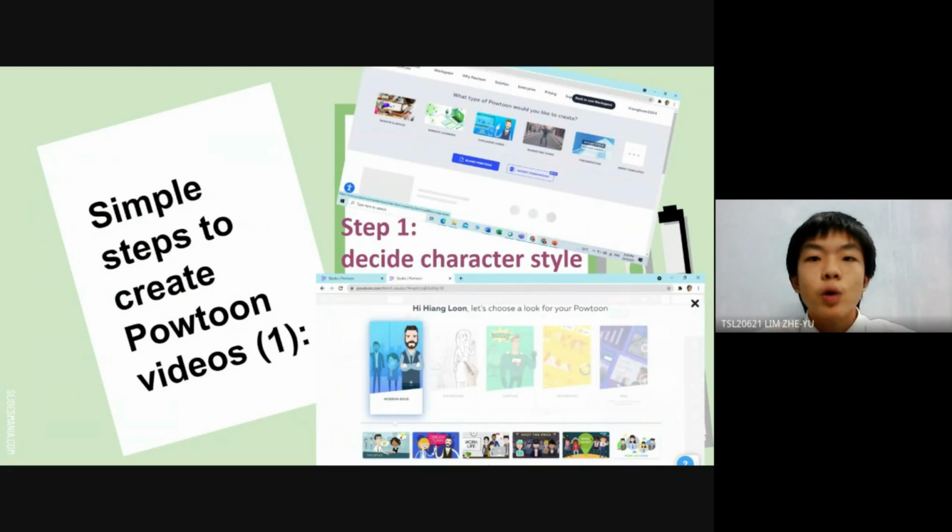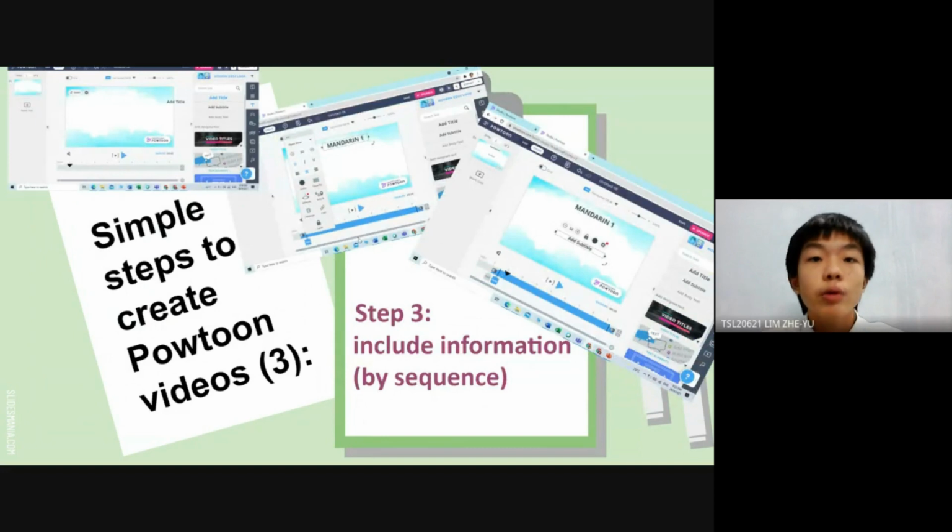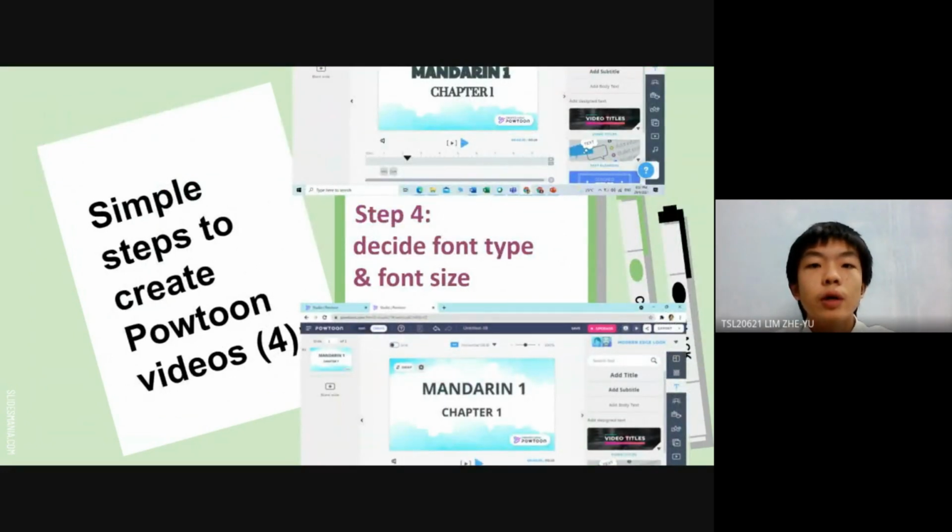Step 1. We will select a blank Powtoon and decide our character style. Step 2. Set the background. Step 3. Include information by sequence. Step 4. We will decide the font type and font size of our words.